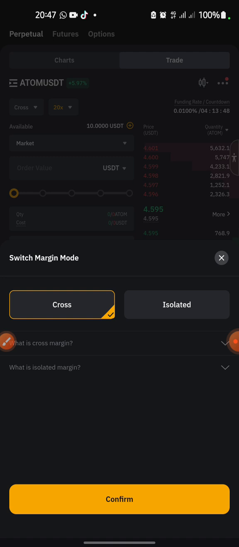So once that $10 is finished, it only makes sense if the trade closes automatically. But in cross margin mode, once that $10 is exhausted, the trade will still be running. Where would the funds come from to keep this trade going?